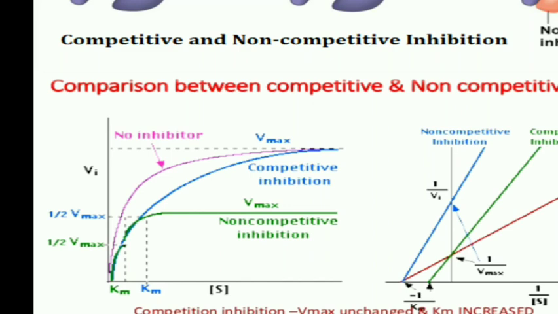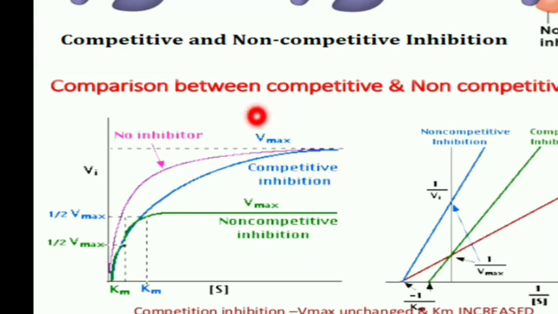If we compare the blue and the green, we will be able to see very clearly that in the case of competitive inhibition, the value of Vmax, the value of half Vmax, is the same as that of the normal no-inhibitor reaction.